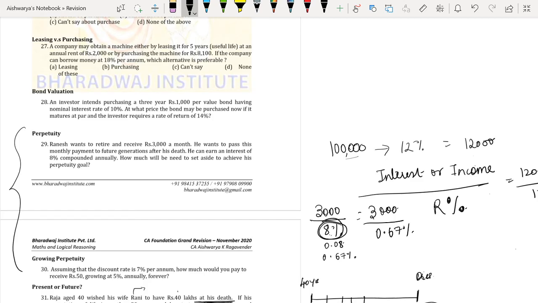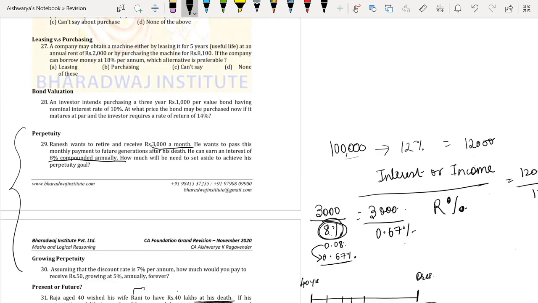Once again, see this. This is 8% compounded annually, but he wants to get 3,000 per month. So convert this to monthly percentage. How do you convert it to monthly percentage? 8% divided by 12 will give you 0.67 percentage.